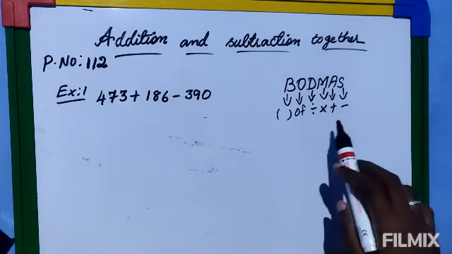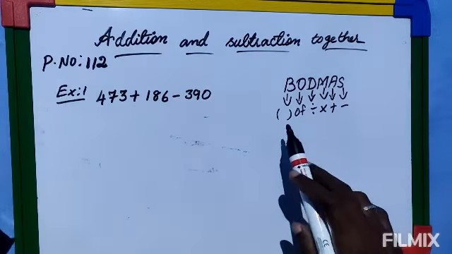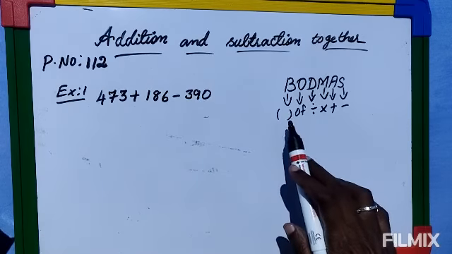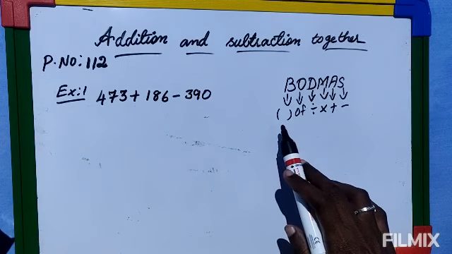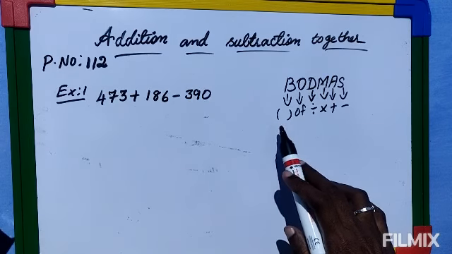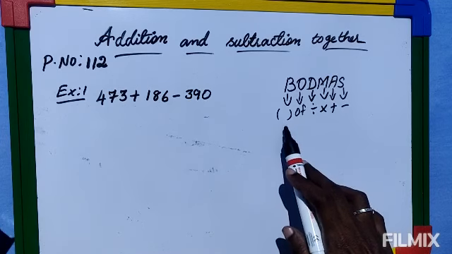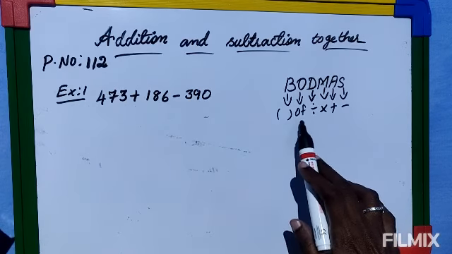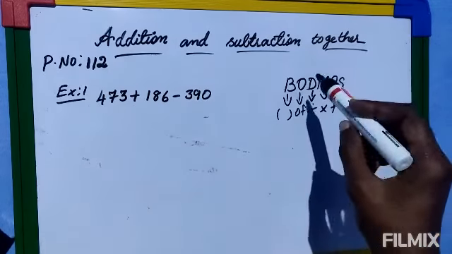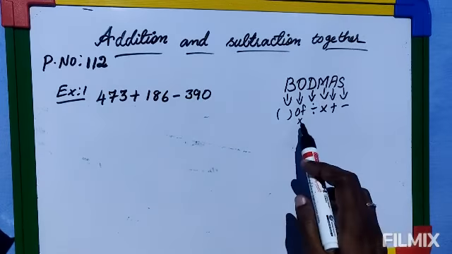Now you can see the symbols. When mixed operations come, first you complete the operation in the bracket, whatever it may be. After completing the bracket, you do OF, which means multiply. That is for higher students only.